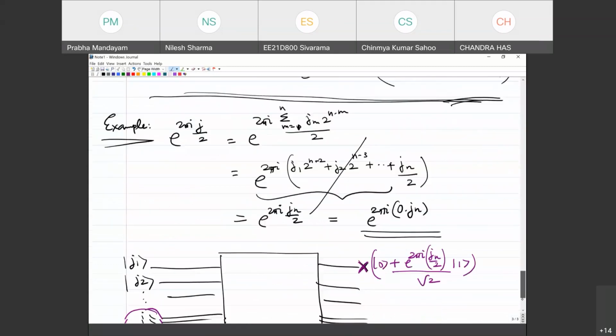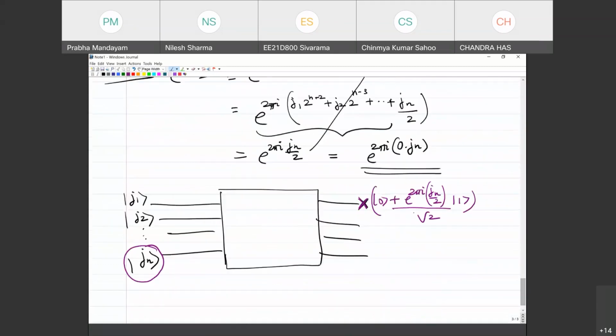Okay. So similarly, you notice that the second qubit now, so I don't want to draw the circuit now in the last 5 minutes. So I'm just giving you the intuition for the circuit now. Okay. So this is the second output qubit. And you notice that the second output qubit, what does it depend on?